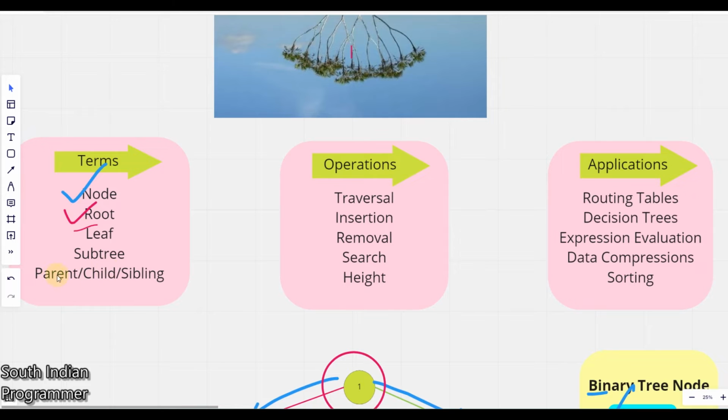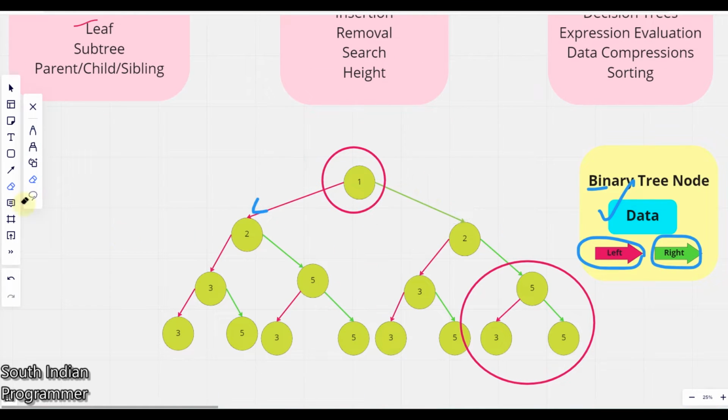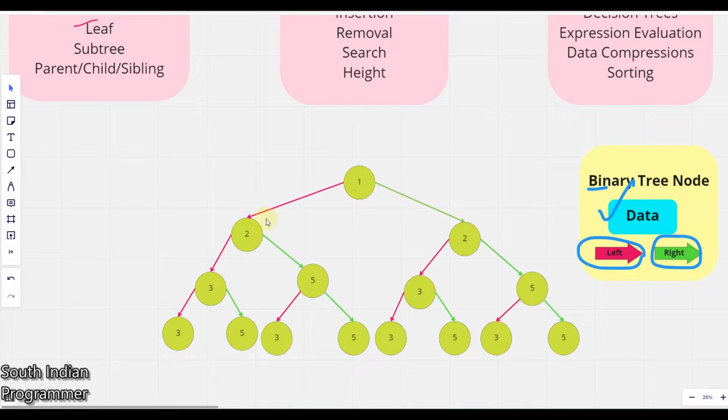Okay, now parent, child, and a sibling. This is a kind of relational items. So what is a parent and what is a child? This relation you can namely represent as a family tree structure. So if I have node 2, this is child, and here is my parent. So 2 is child of 1, and 1 is parent of 2.